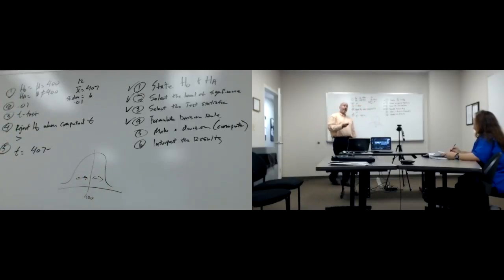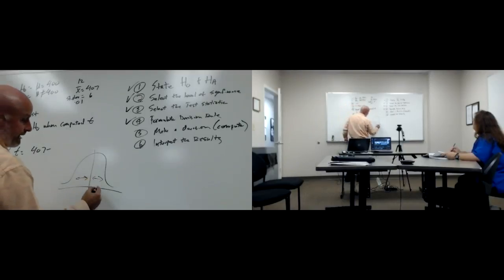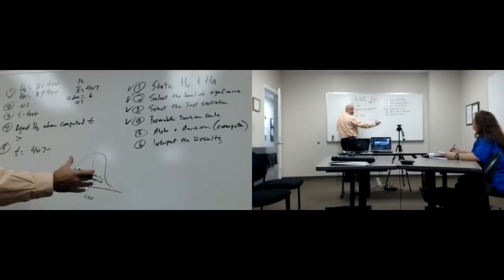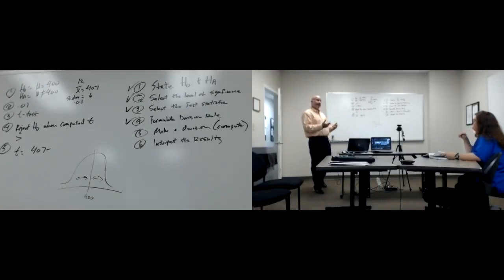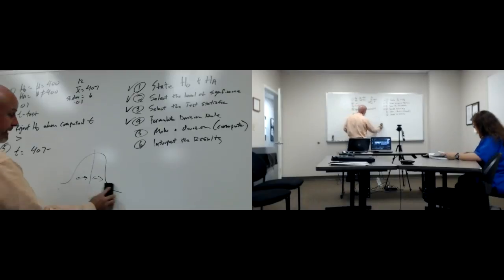Remember, when we're looking at terms such as the mean is greater than 400, that would have been a one-sided test because I would be to the right of the mean. Less than 400, I would be to the left of the mean. But whenever you are asked to interpret equal or not equal, remember, it can be on either side. So you want to apply a two-sided test.